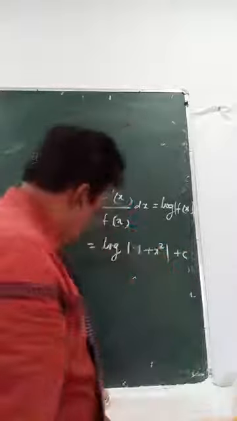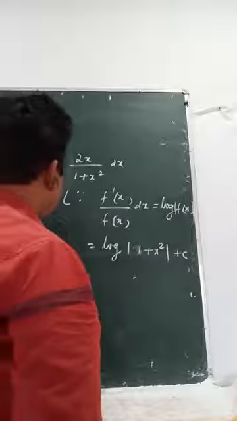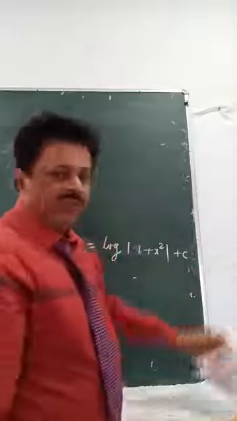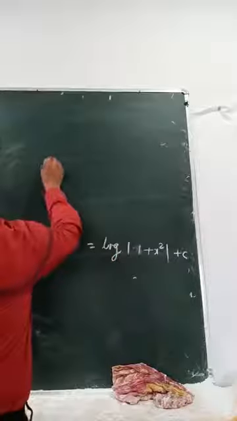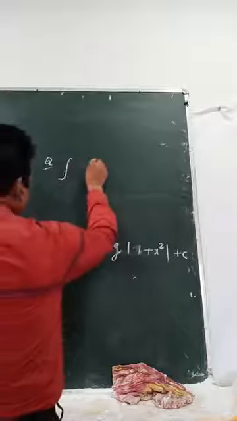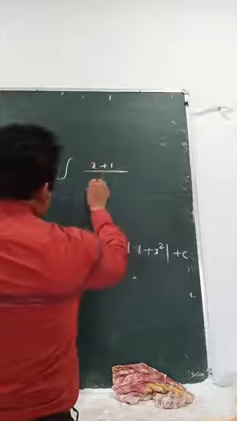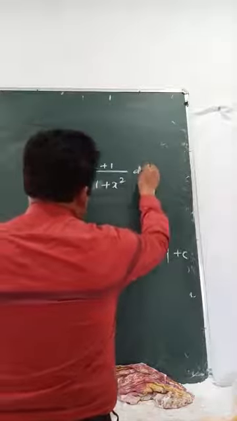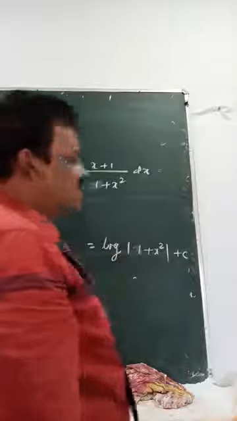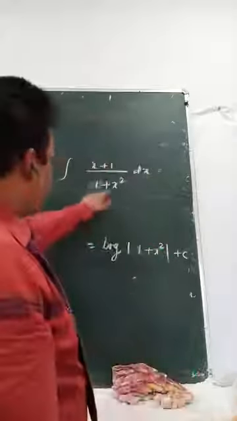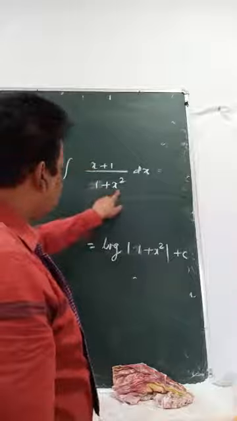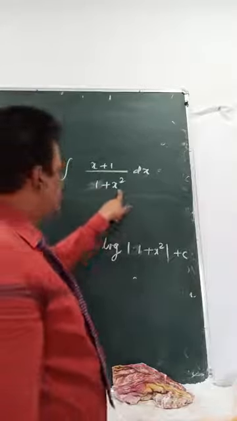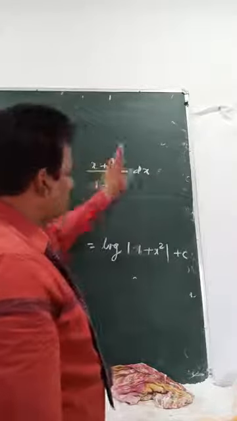Okay, now let me develop this question. Suppose I get x plus 1 by 1 plus x square. So what to do? This is different because its derivative is only 2x, but here we are getting x and plus 1.